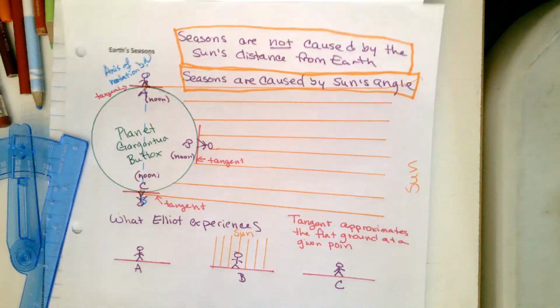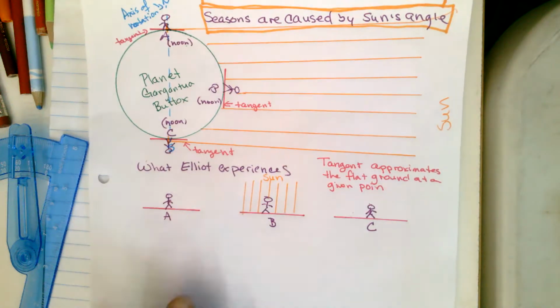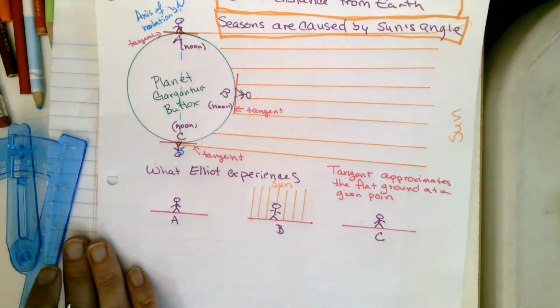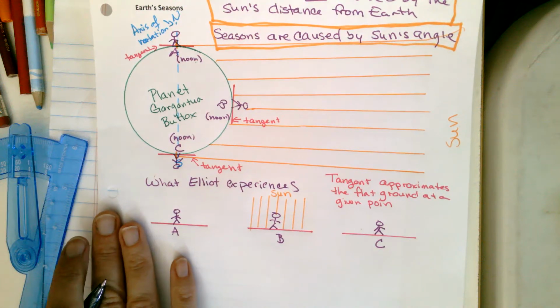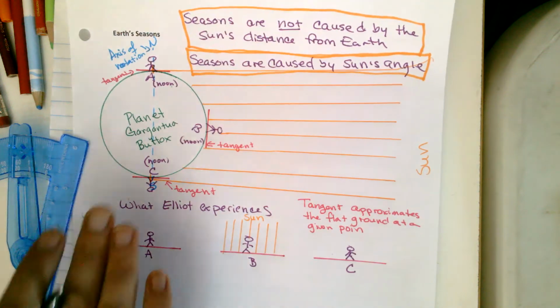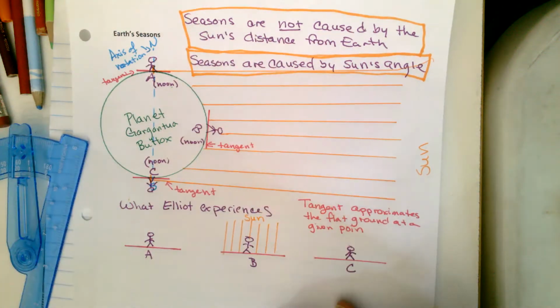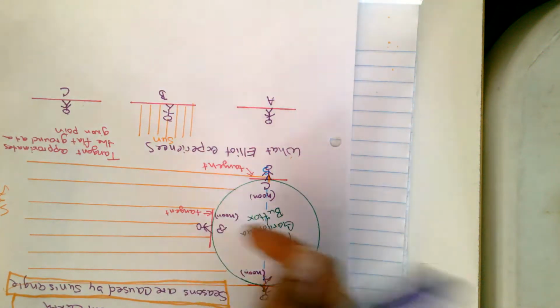Okay. So Elliot A and Elliot C experience the sun very differently. Elliot looks out in this direction to see the sun. Elliot C looks out to the horizon to see the sun as well.